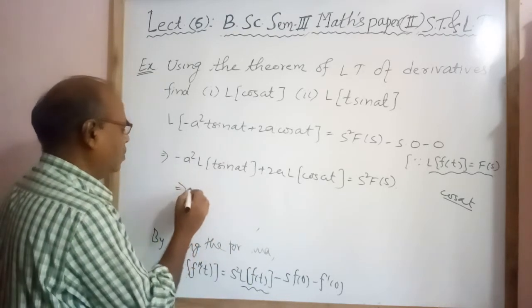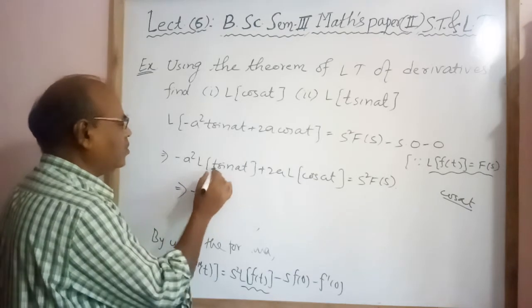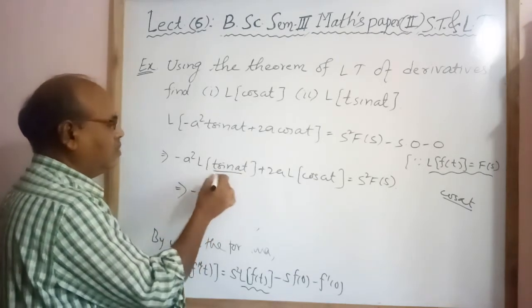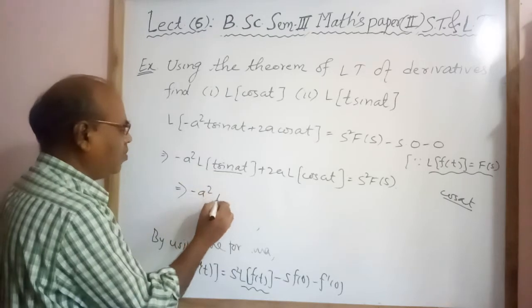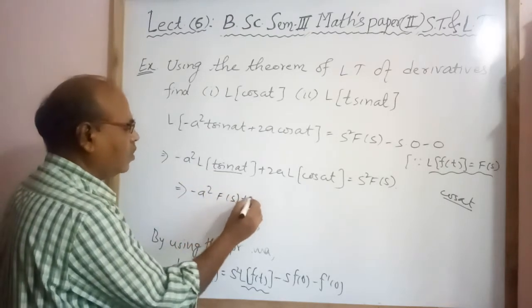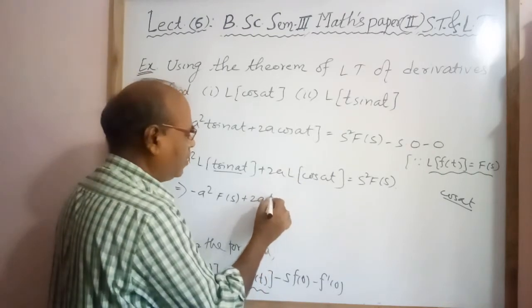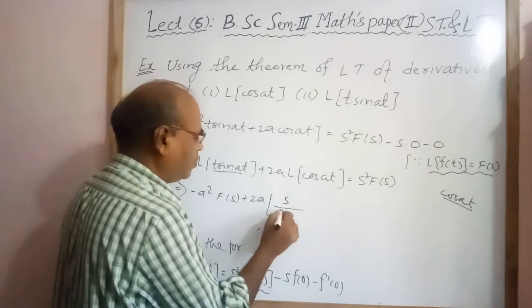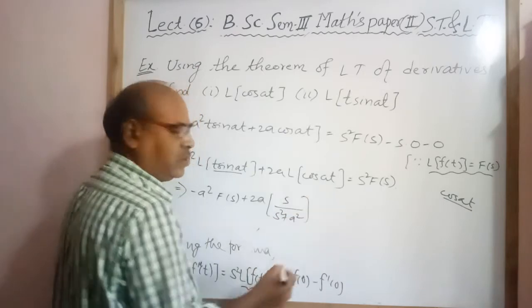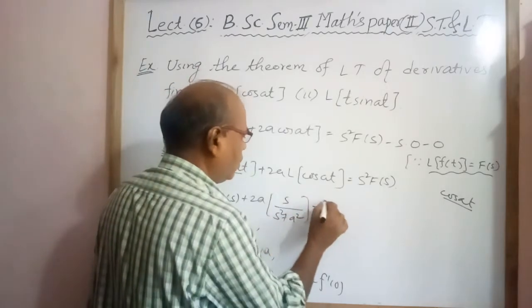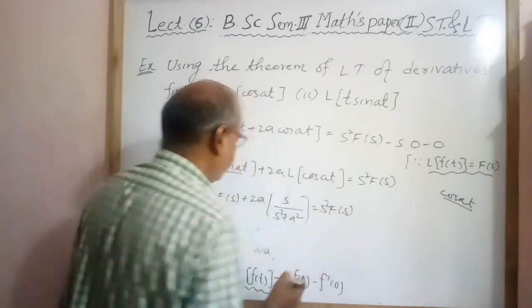Then minus a square Laplace of t sin at, that is Laplace of f of t, we write it as f of s, plus twice a Laplace of cos at. You know the Laplace of cos at is s divided by s square plus a square, equal to s square into f of s.